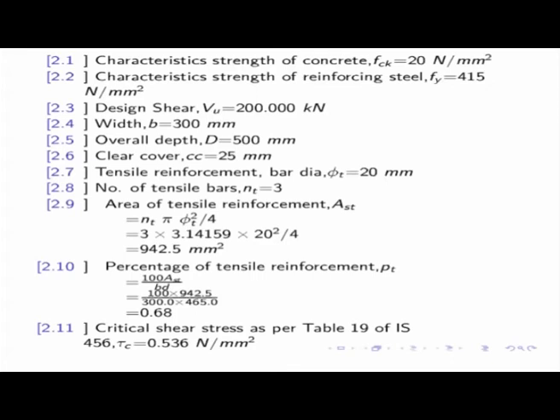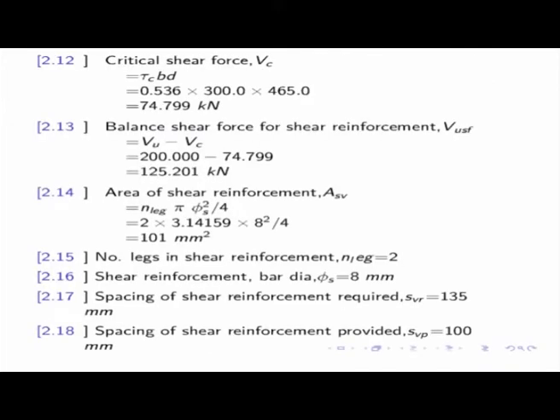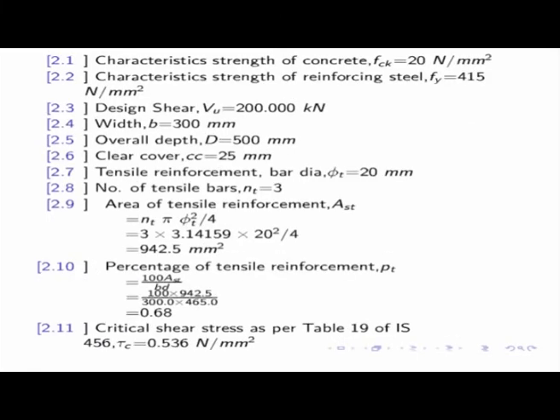This is called tau c. So critical shear force Vc equal to tau c bd, with b 300, so 74.799 kilonewton. But how much is the shear force? The shear force is 200 kilonewton.